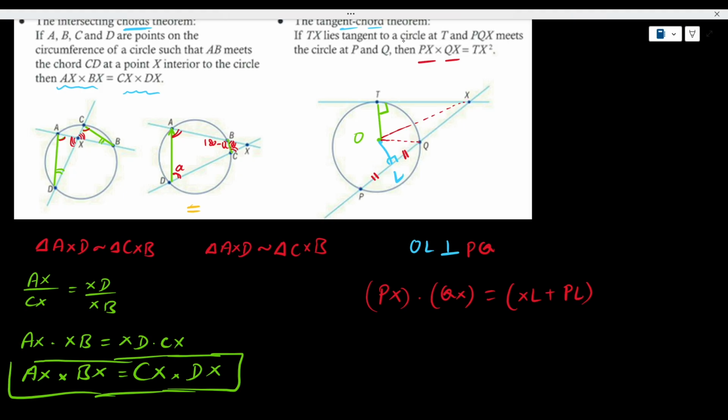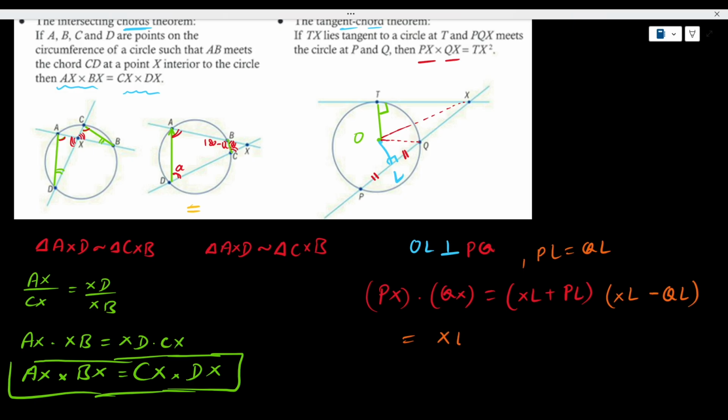Similarly, for the other part QX, I'll write it in terms of XL only. So QX is going to be XL minus QL. Now you know that because it bisects, PL equals QL, since OL is the perpendicular from the center to the chord and bisects the chord.